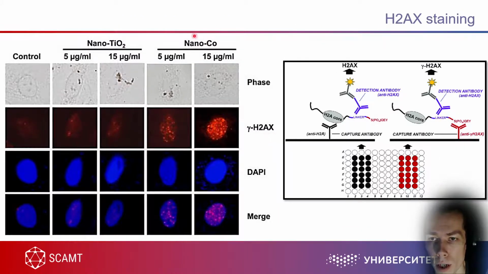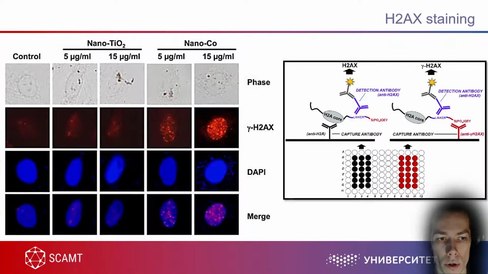And after incubation with nanocobalt particles, you can see here staining with antibodies, and it looks violet, but it's just the interference between red and blue, so it's a lot of dots showing damage done to H2AX, and there's almost no damage done by titanium dioxide.